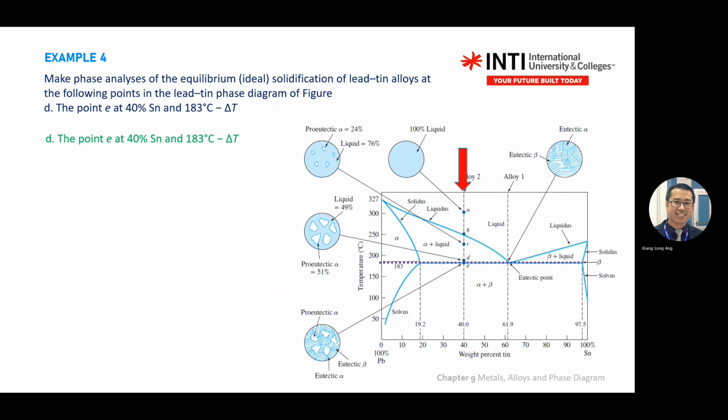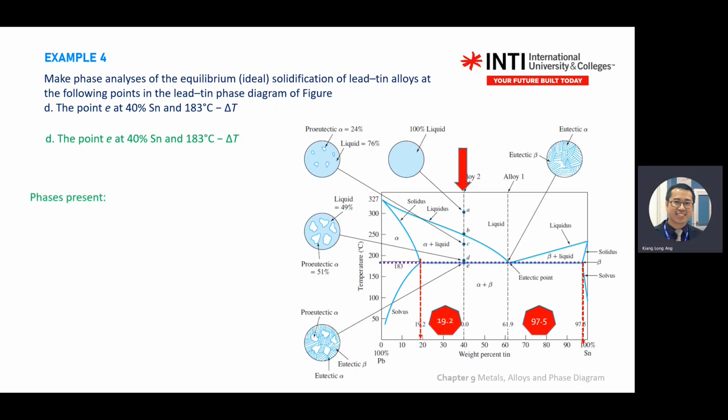Okay. So for point E, it's quite special. You don't stop at eutectic, but go all the way to the other side of solid. Because you're only interested in what phase you have between the left and right. So for point E again, eutectic.